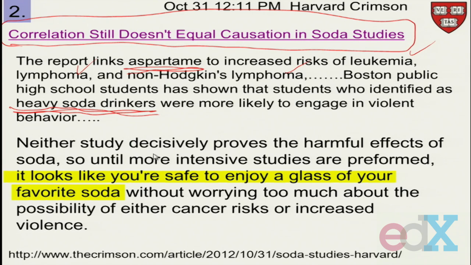Now, this reporter said correlation still doesn't equal causation, which is quite right, but then goes one step further, and this is where it's wrong. It says, neither study decisively proves, etc., etc., etc. It looks like you're safe to enjoy a glass of your favorite soda.